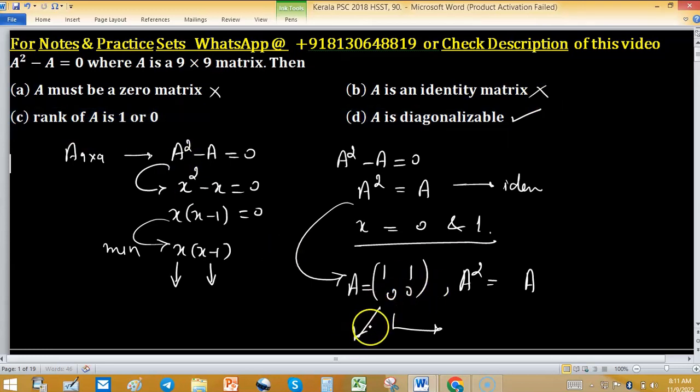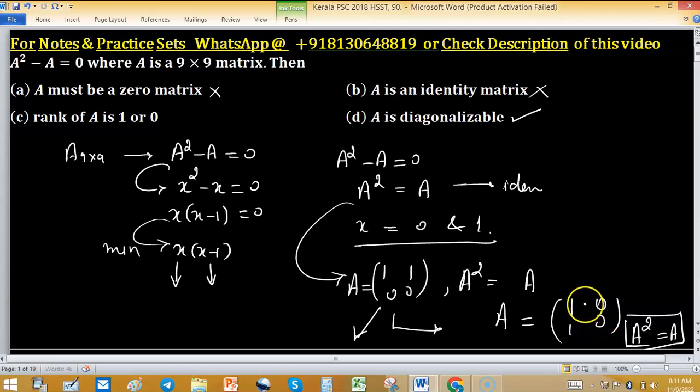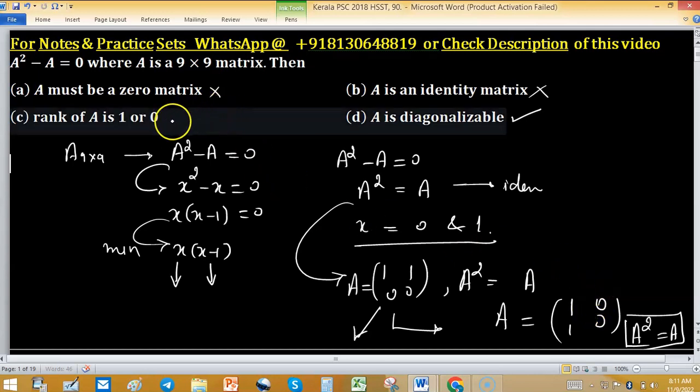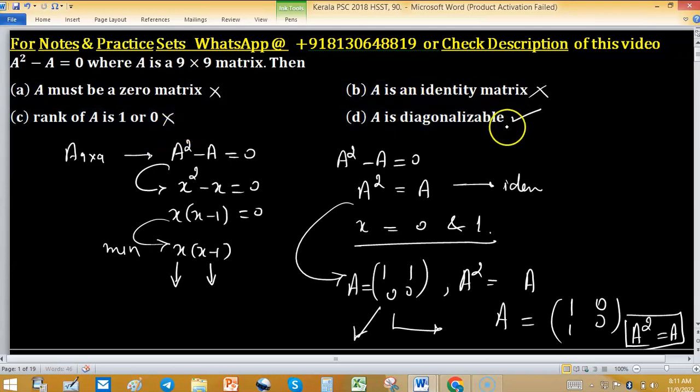You can consider the rank of this matrix is 1, but if you consider another matrix like 1 1 0 0, this is again matrix A by our consideration and satisfying A square equals A, and the rank of this matrix is 1. So rank may be 1 or 0, we are not sure about it. Option C has been discarded, so the correct option is only D.